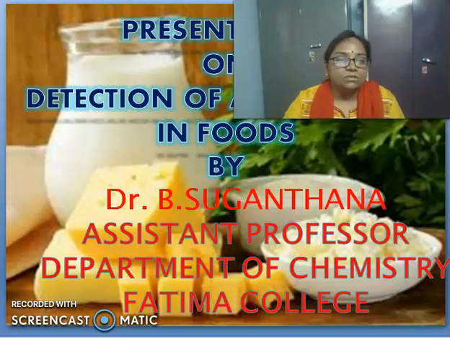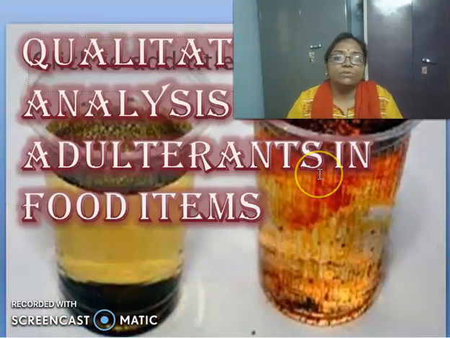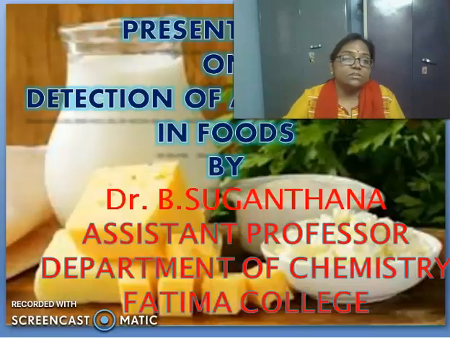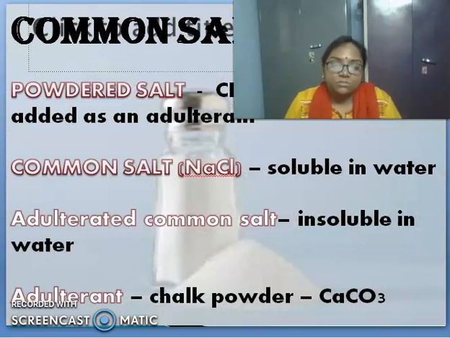We'll see how to detect the presence of adulterants in food items like sodium chloride in common salt, and papaya seeds, which are used as an adulterant in wheat flour. So both solid food items as well as liquid food items we are going to see today.